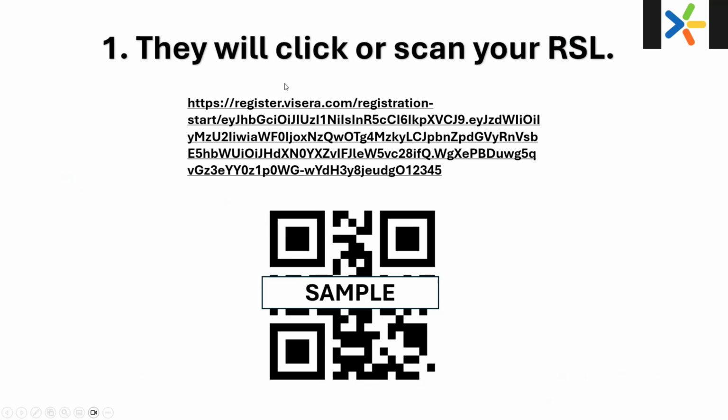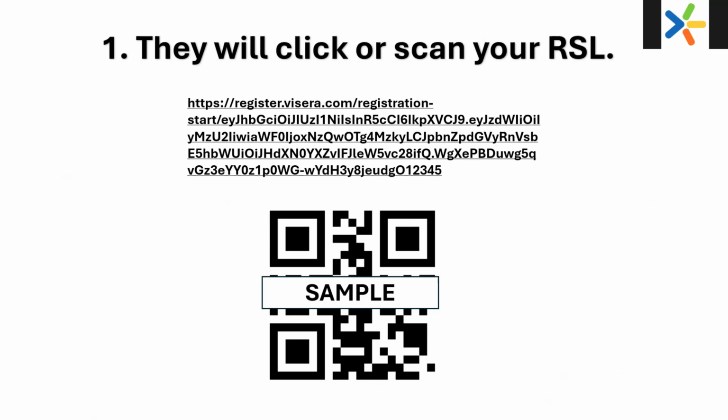You can either share your remote sign-up link with people as the actual link itself, or you can convert it to a QR code. Now, here at Visera, we don't have a service that converts links to QR codes, so you would actually do that through a third-party website where they can convert your remote sign-up link to a QR code.